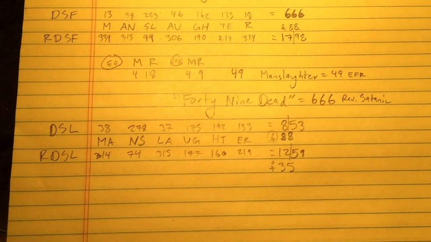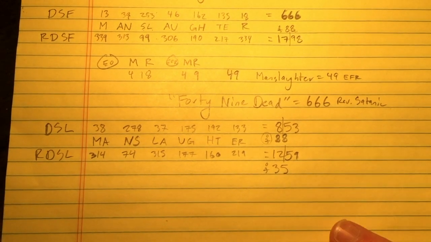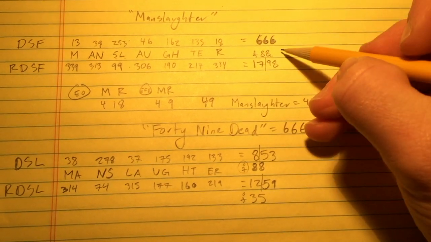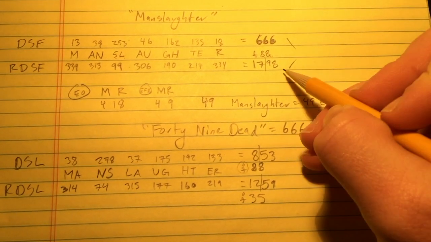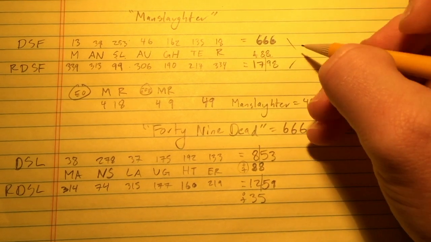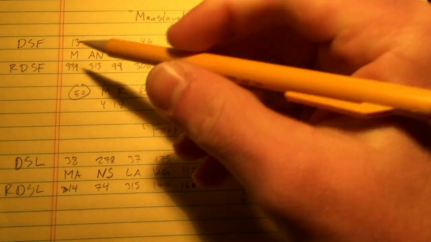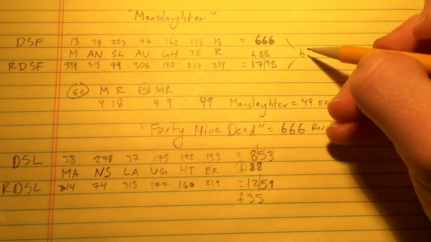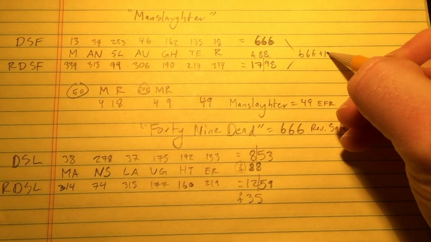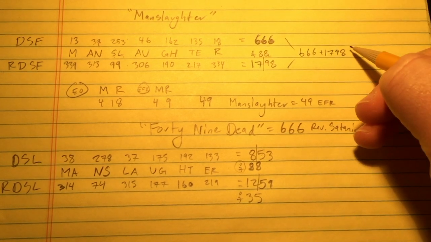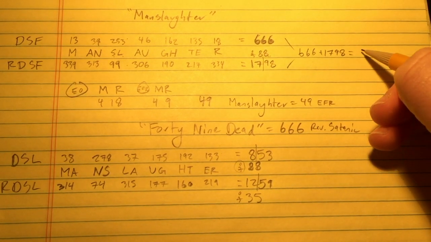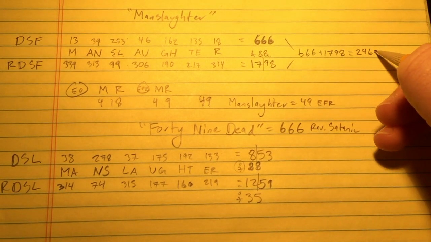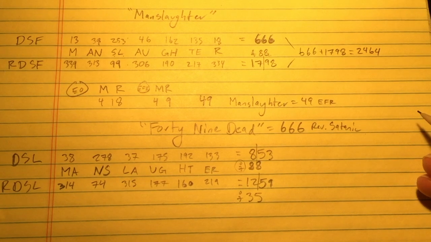So something special about the English Duos Gematria Cypher is that when you add the values together of each type of spelling, so 666 plus 1798, the values for most words come out to a certain set of numbers.